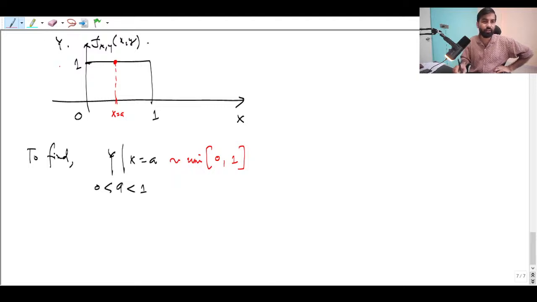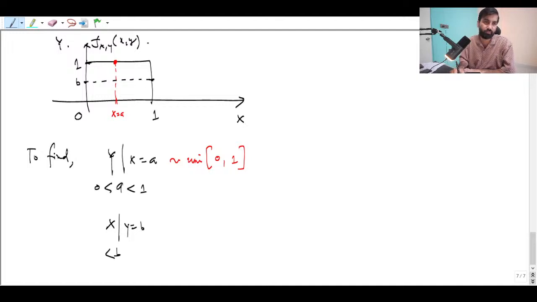Suppose you are trying to find the conditional density function for the random variable x, where y takes the value small b. Here b can be between 0 and 1. So you see, this density function is again constant, uniform between 0 and 1 only.